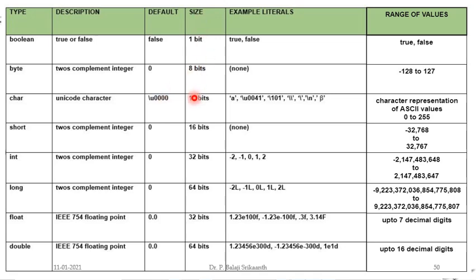This column gives the size of each data type in bits. This column gives example literal values that each data type can hold, and the last column specifies the range of values each data type can hold.